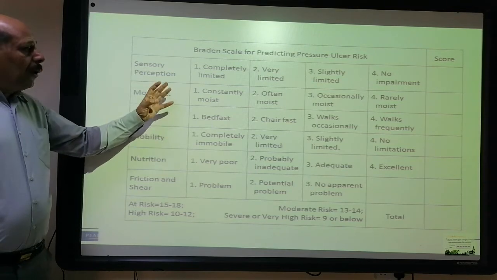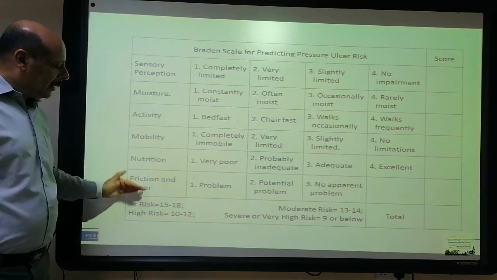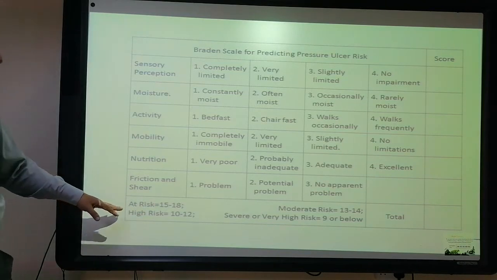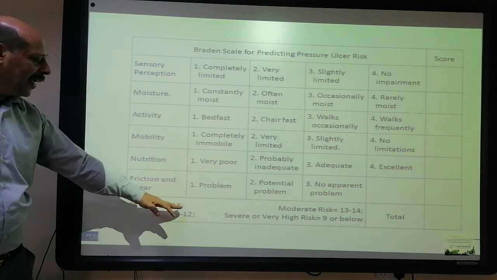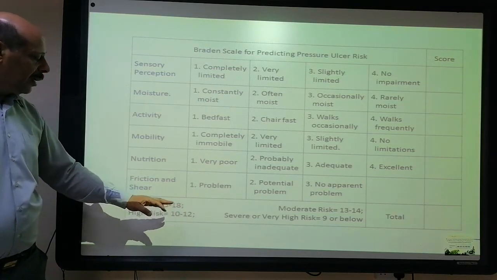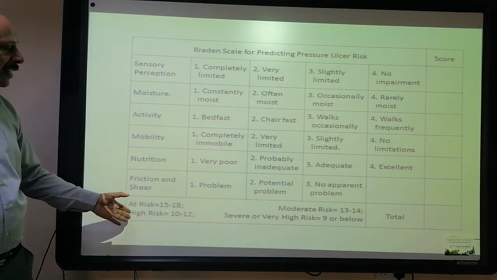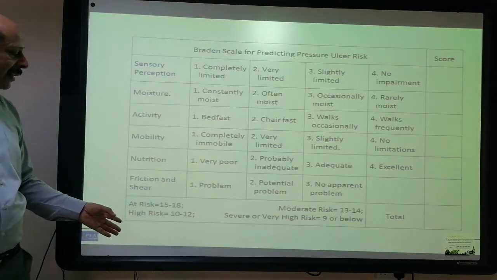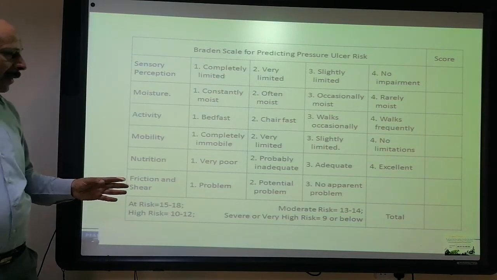So if we calculate that score, if his score is from 15 to 18, he will be at risk. If it is more than 18, he will be safe.